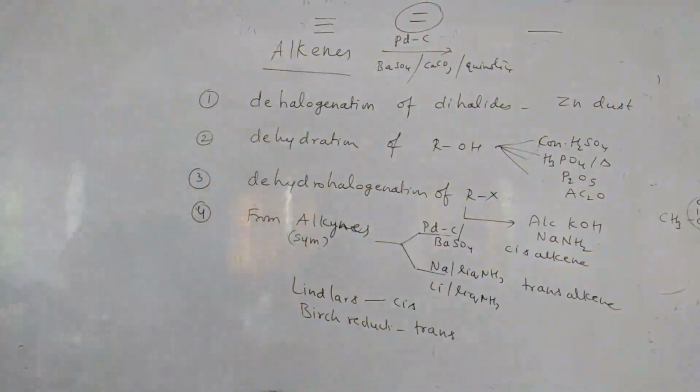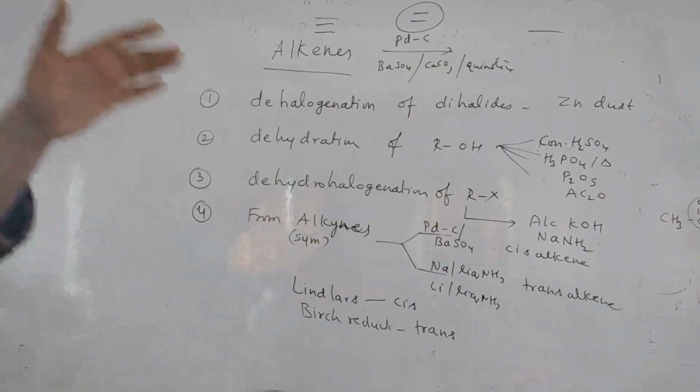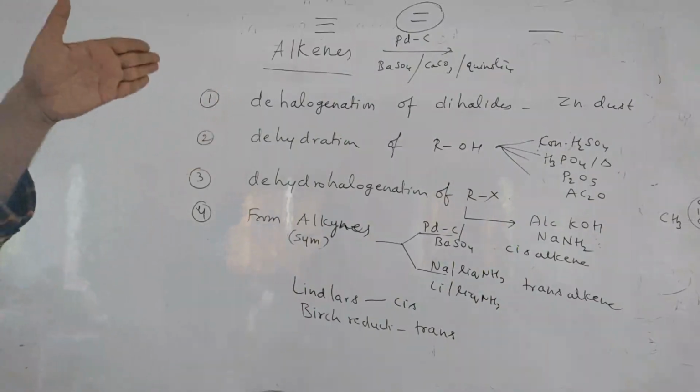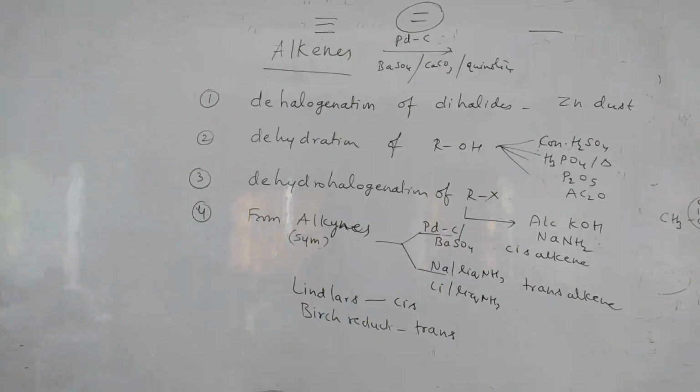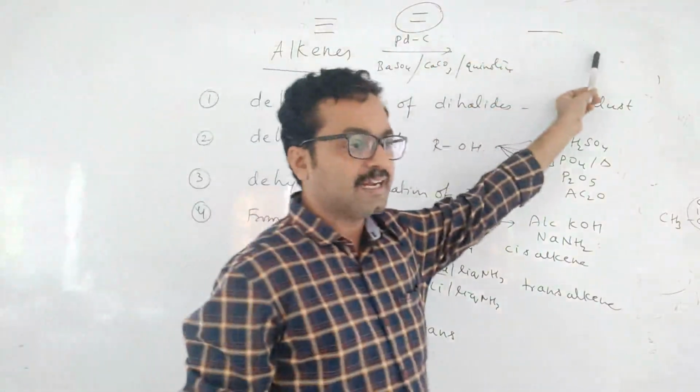For that controlled reduction we are using BaSO4, which is acting like a catalytic poison. It reduces the reducing property, so that further alkane cannot be obtained. It will stop at the alkene stage only. Are you understanding my point? If we don't use this, then alkynes will be converted to alkane directly.